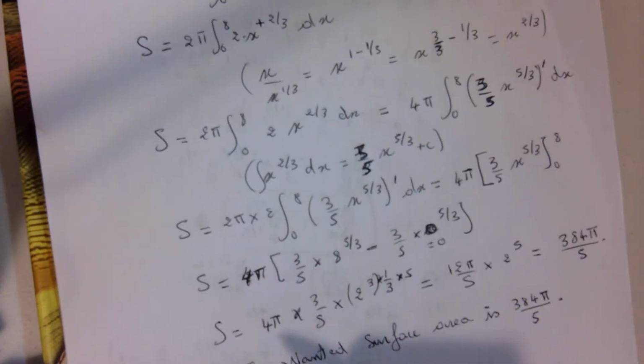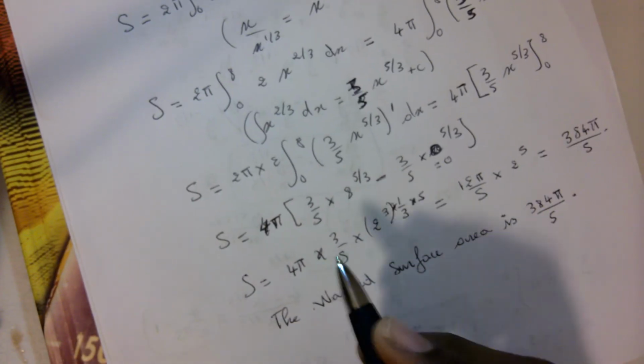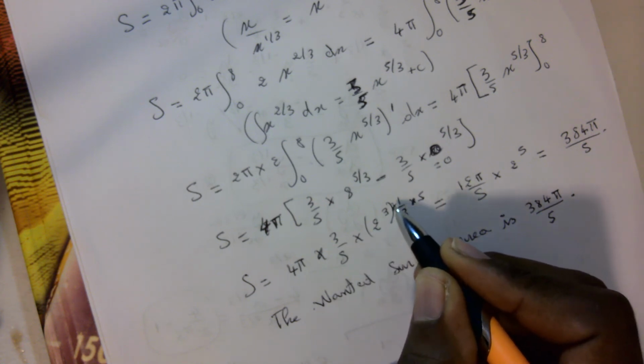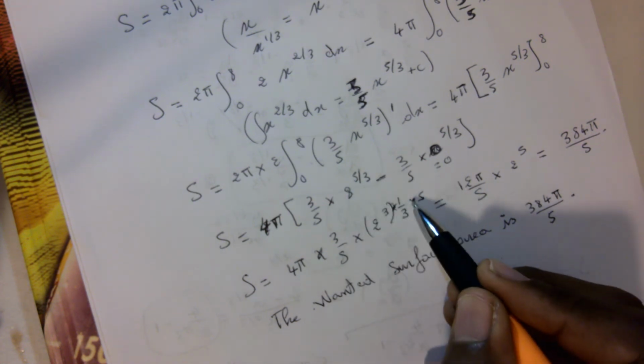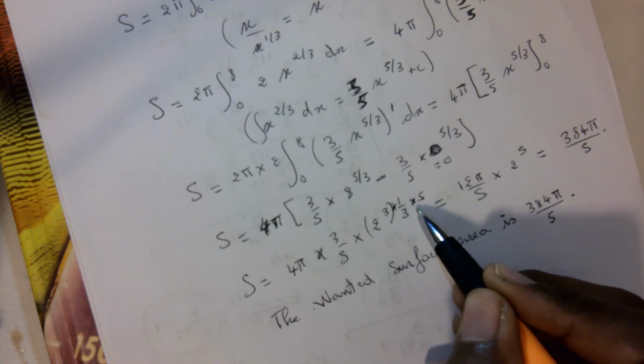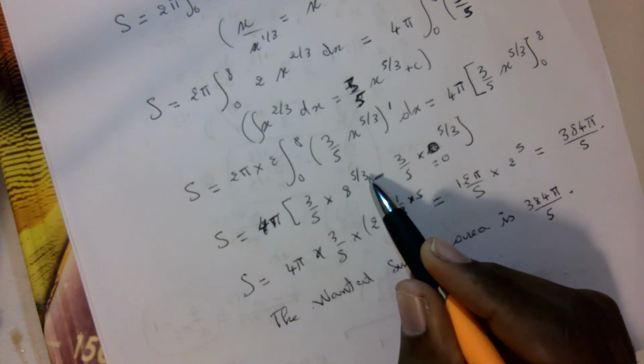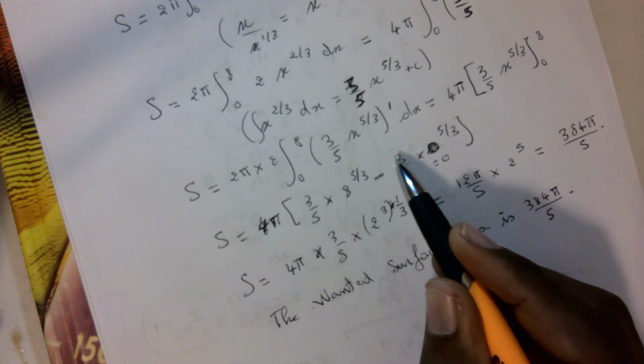So S is equal to 4 pi times 3/5 times 2 to the power 3, because 8 is 2 to the power 3, times 1/3 times 5, because 5/3 is the same thing as 5 times 1/3.